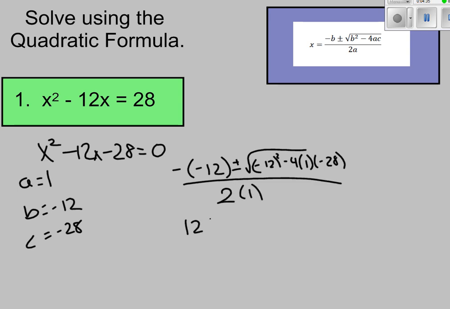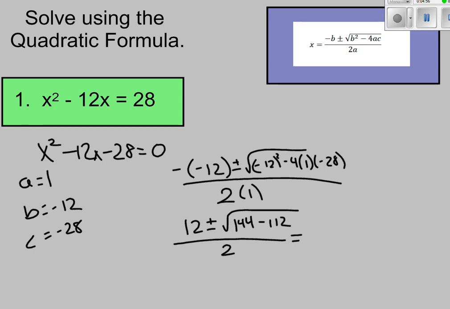So that's going to be 12 plus or minus the square root of 144 minus 4 times 28, which is going to be 112, all over 2. So that's going to be 144 minus 112.